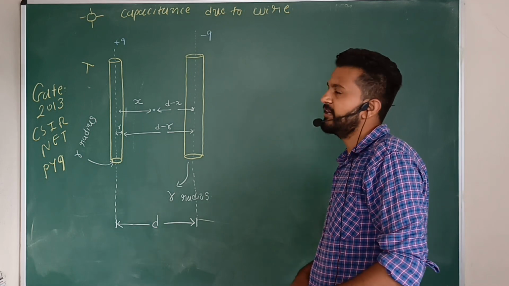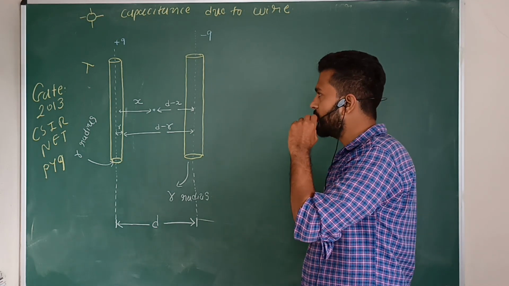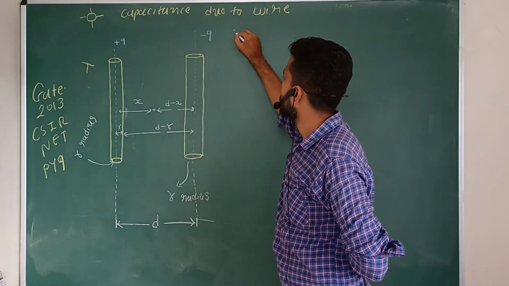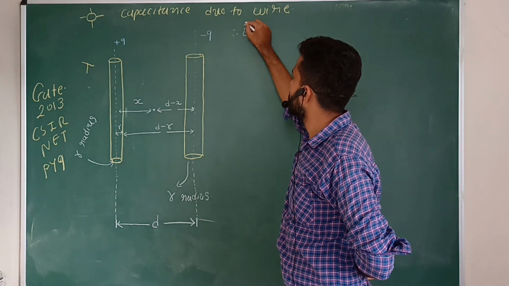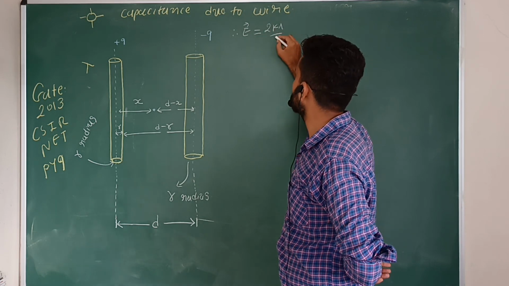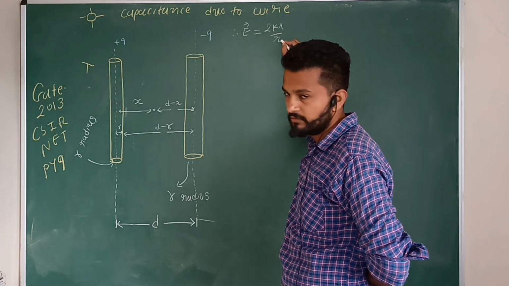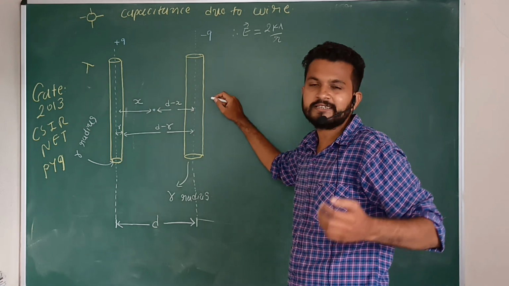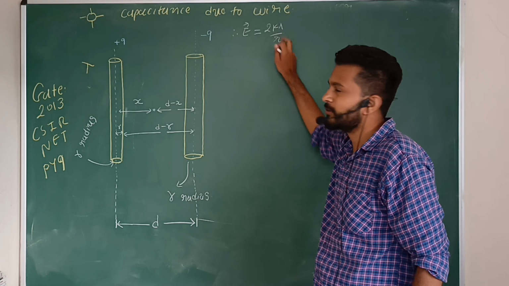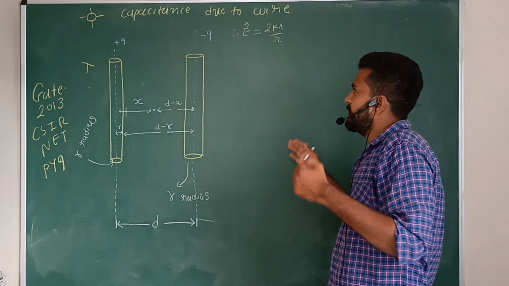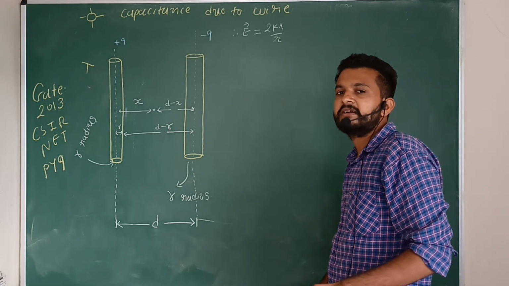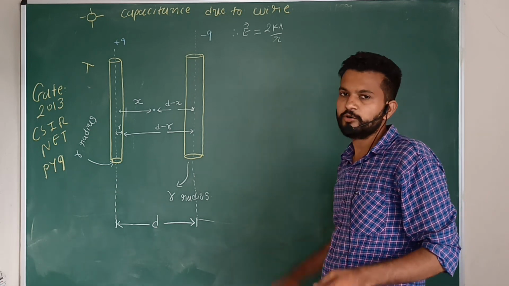First of all, we need to memorize that the electric field due to a cylinder is 2kλ upon r, because the wire is basically a cylinder. If you don't know how to derive 2kλ upon r, I can make another video on this formula.